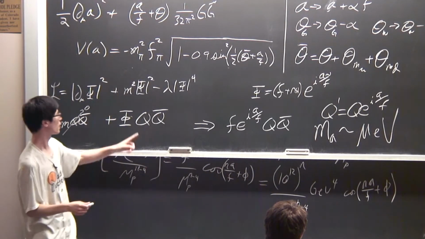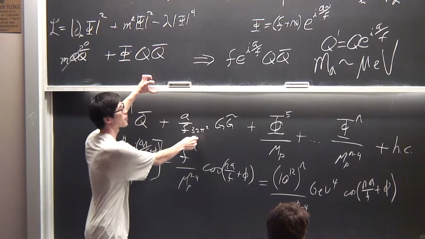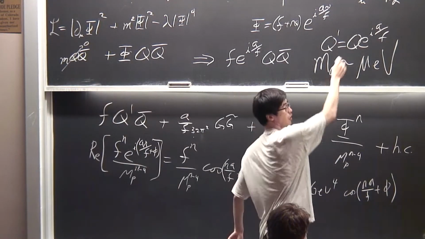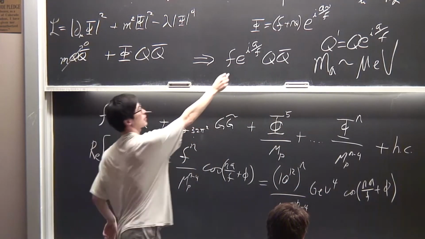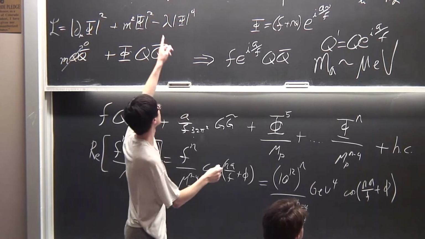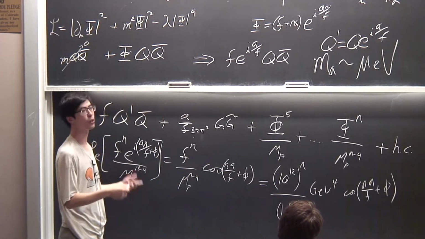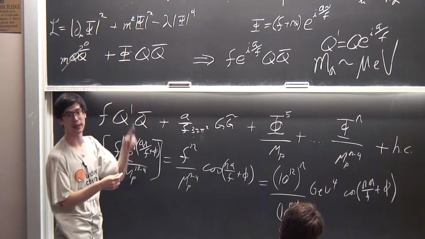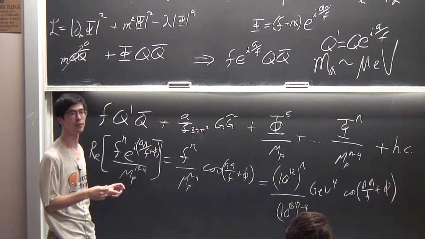Because remember, the way we saw A over F appear here was by doing a field redefinition on the quarks, which then had it in the mass term. So if you did a field redefinition moving theta to another place, you could also do a field redefinition moving A over F to follow it there, and then you'd still have that shift symmetry.